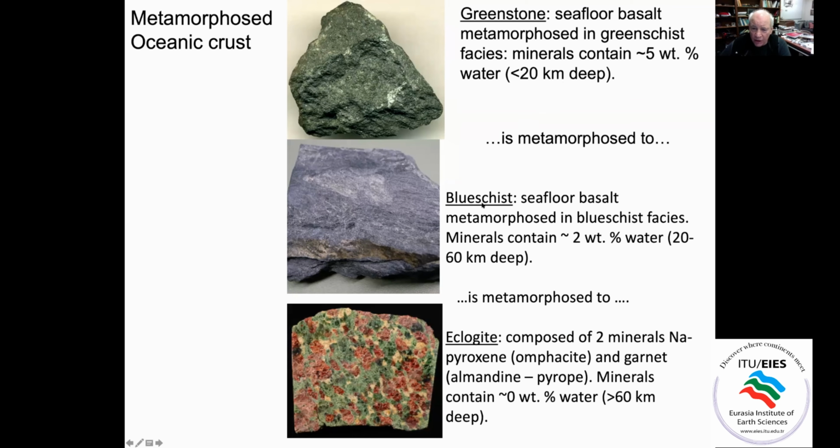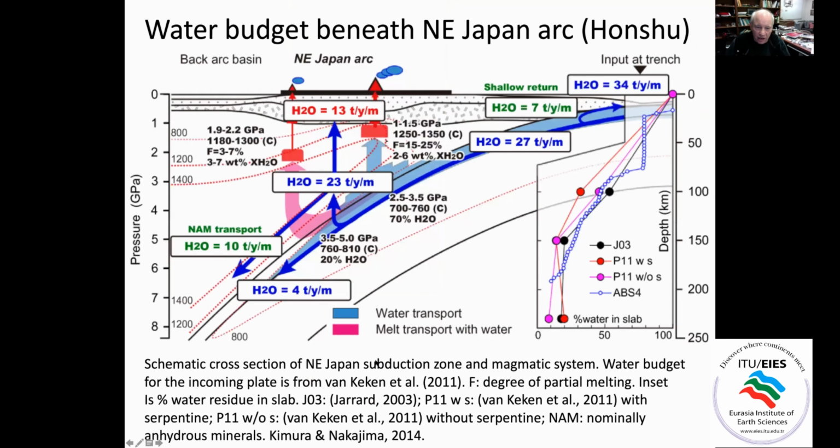Then this is converted into blueschist, which is a very distinctive rock, contains about 2% water, and exists between about 20 and 60 kilometers deep. And then finally, we have eclogite, composed of the two minerals sodium pyroxene and garnet. This happens maybe about 60 kilometers deep with 0% water. So this is a dewatering process from the incoming altered basalt to eclogite.